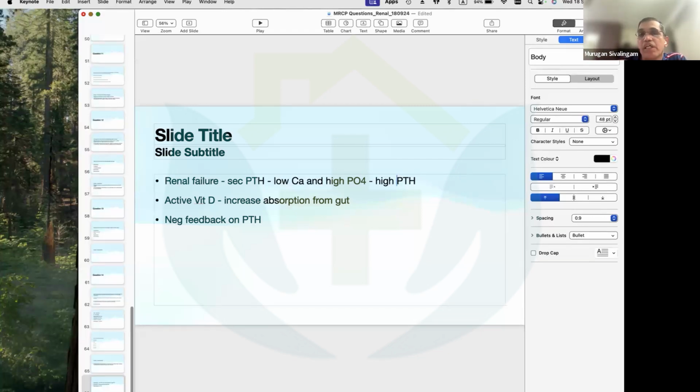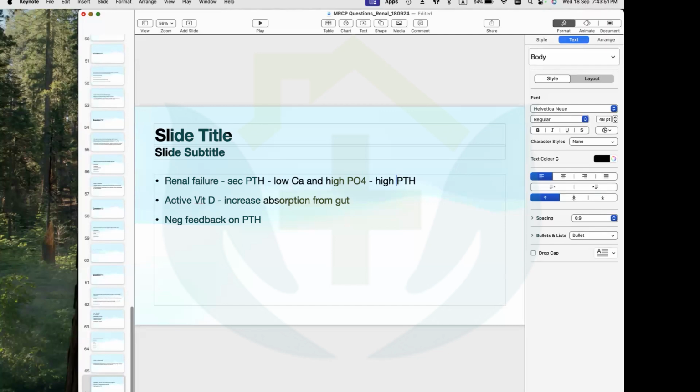So to treat that, we give calcium supplements. We can use phosphate binders if the phosphate is high. You also give them active vitamin D to suppress the PTH. That's what we do in patients with CKD. Got that?